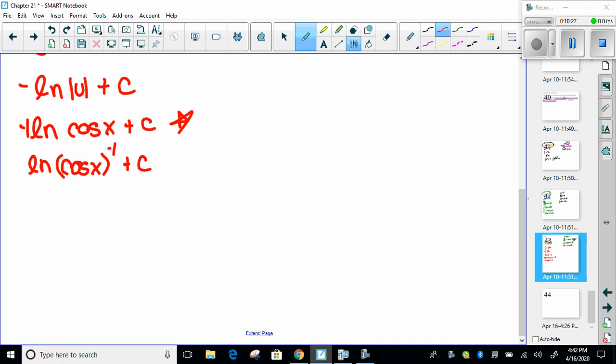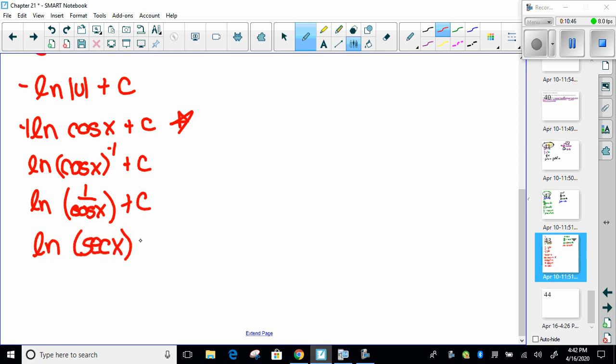Cosine of x goes to the negative first power, which means this is equivalent to natural log of 1 over cosine of x plus c. And hopefully you remember what the reciprocal of cosine of x is. Secant is its reciprocal. So that would be a perfectly fine answer as well. So either of those two work. They both are simplified. They're both completely acceptable.